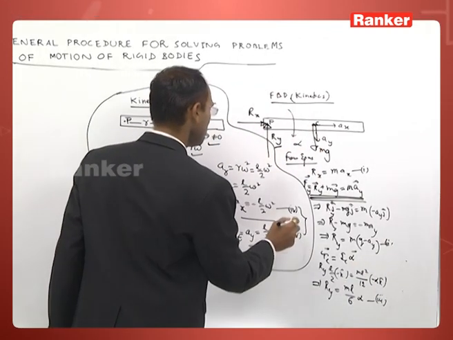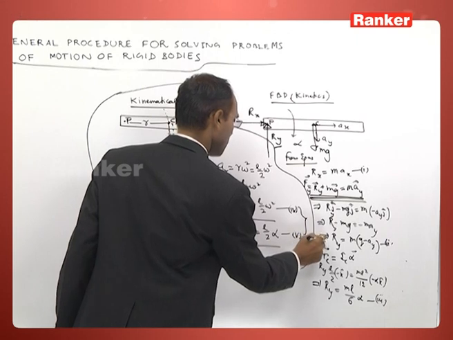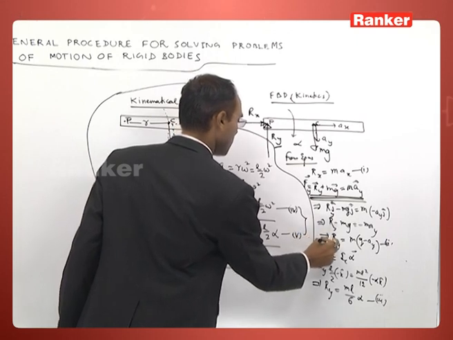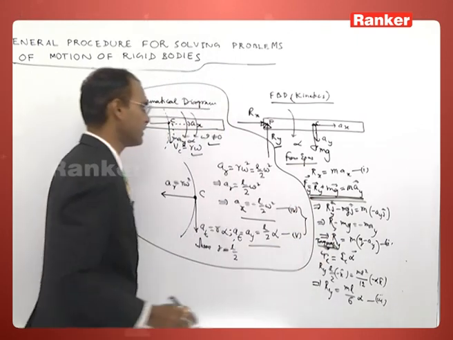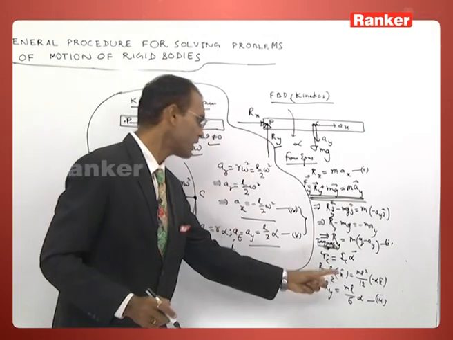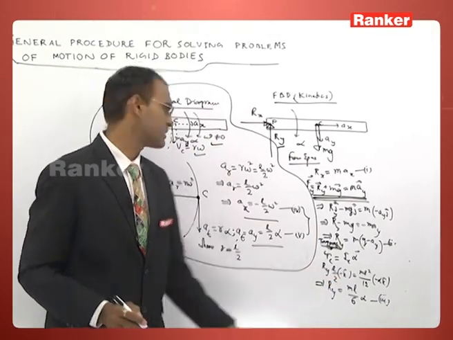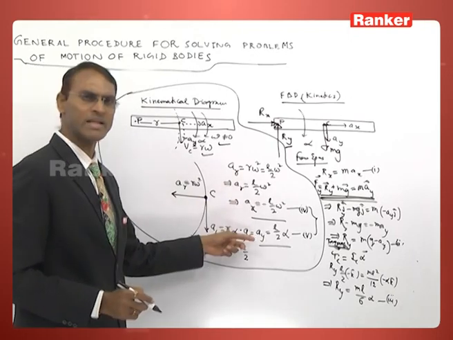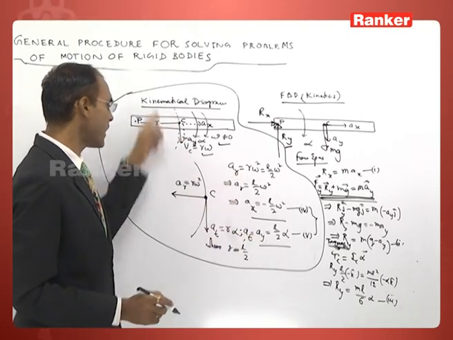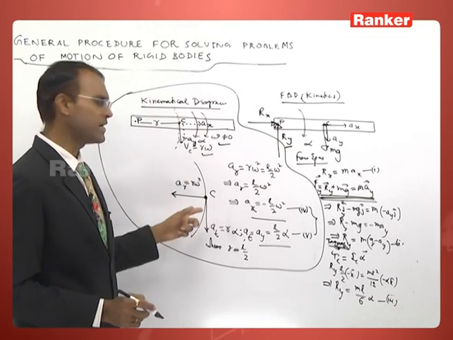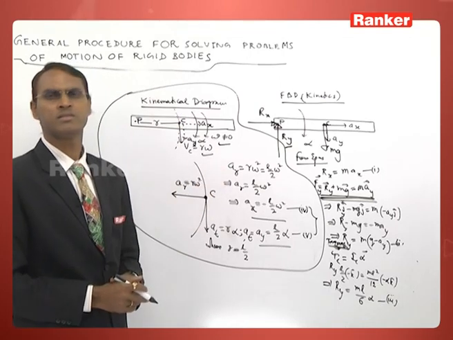So, torque equation and force equation. Two force equations, one torque equation, 3 dynamical equations, and 2 kinematical equations along x direction, y direction, or radial direction and tangential direction.